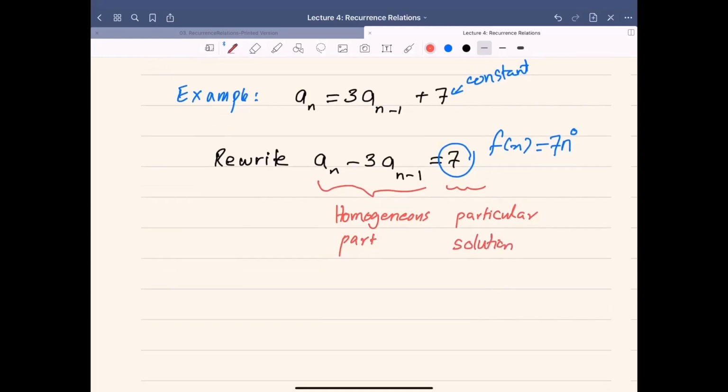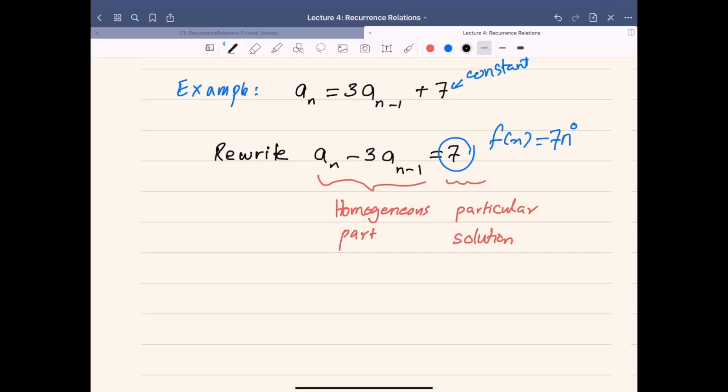Solution. To find the characteristic polynomial, first we need to find the characteristic polynomial for the homogeneous part and for the non-homogeneous part. For the homogeneous part, this is a recurrence relation of degree 1, so it will be x minus 3. And for the non-homogeneous part, we need to find a root for 7, and we need to know what this root is.